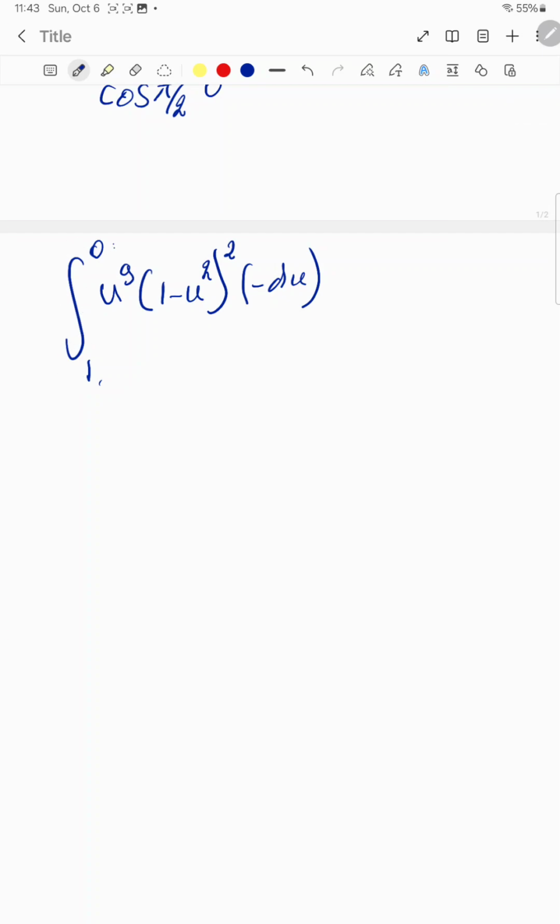So if I want to flip them, I have to change the sign of my integral. So it becomes the integral from 0 to 1 of u to the power of 9, 1 minus u squared to the power of 2, du. Because like this, the minus I can put here, and I will change the sign of my integral, and this is how I change it.